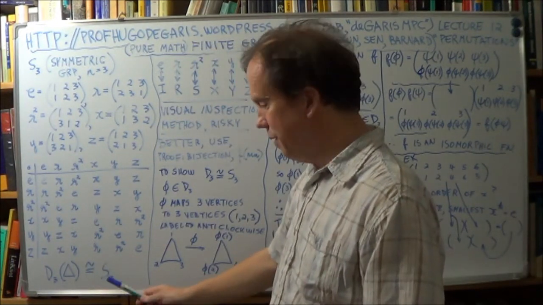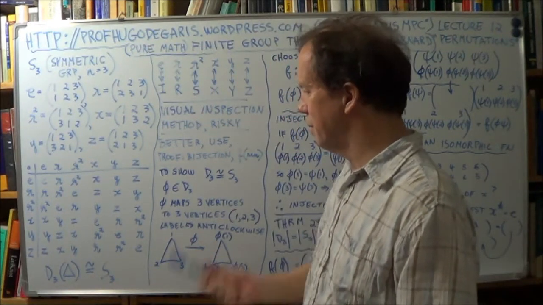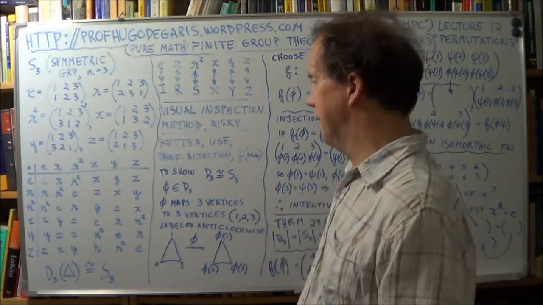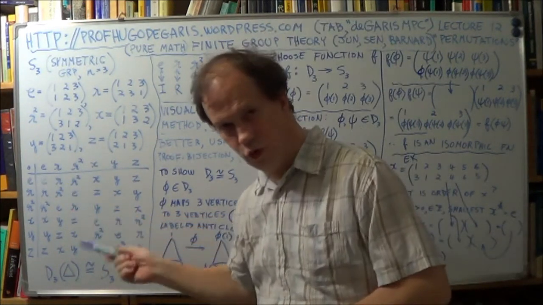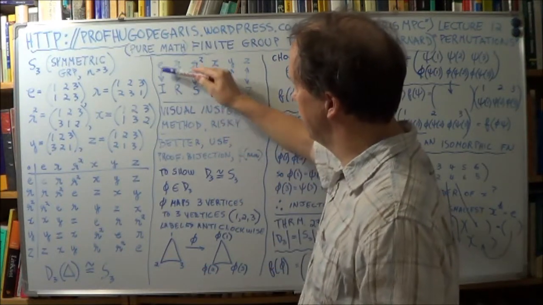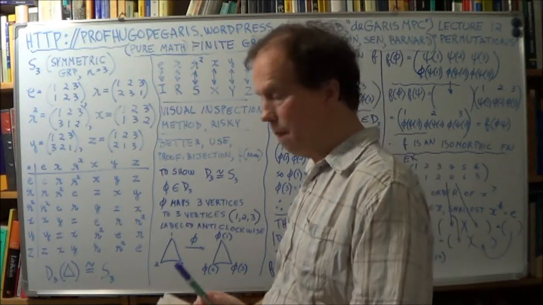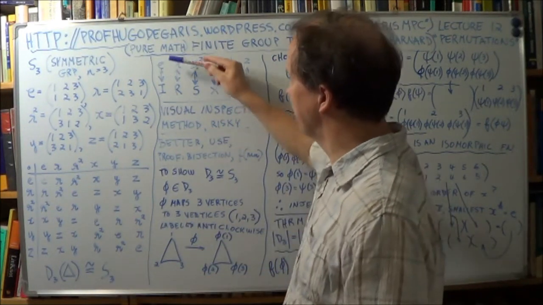Okay, so how about how to prove these 2 groups are in fact isomorphic? Well, one way is just by inspection. You just look at the 2 group tables, and you find that you can translate back and forth, because if these 2 groups are isomorphic, you can do that.